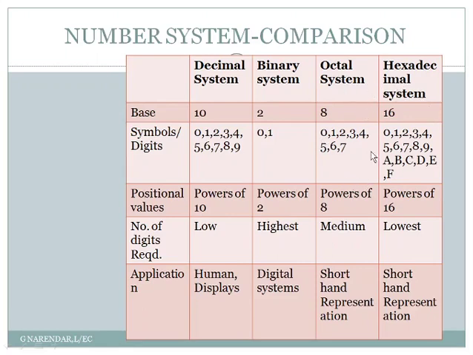These two systems are used to represent binary numbers in a shorthand representation. So this is how we can represent a very large binary number as a very short octal number, or in shorthand notation using the hexadecimal system.